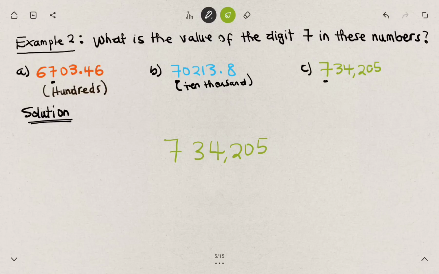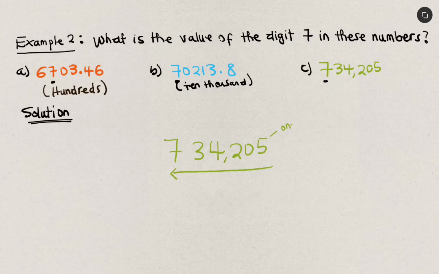So long as it is not a dot or a decimal point, we don't have any decimal place value. So for this example, we start giving the place value all the way from our right to our left, so over here. So the 5 here becomes our ones, then the 0 becomes our tens, then the 2 is the hundreds. Okay, then after the hundreds, the 4 is the thousands, and then this is the 10,000, and then the 7 is the 100,000.